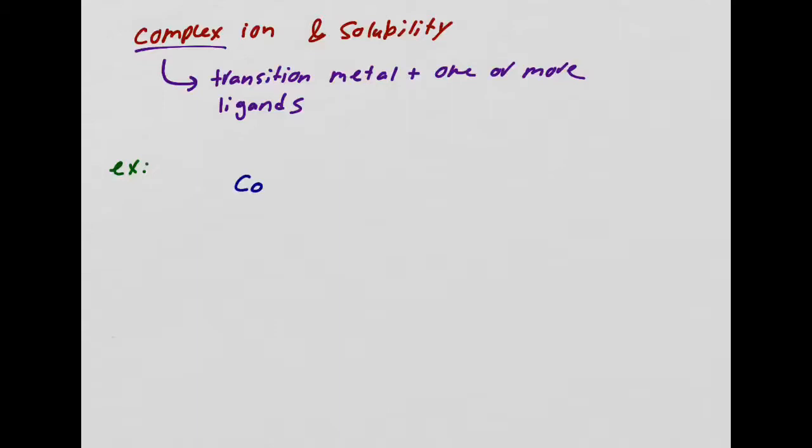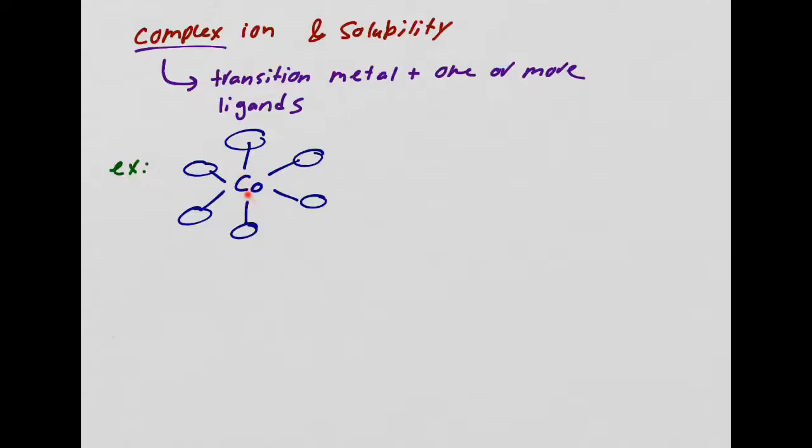Cobalt is a transition metal. Okay? And cobalt is bonded to 6 ligands in here. So a complex contains a transition metal and one or more ligands that are bonded to the transition metal.